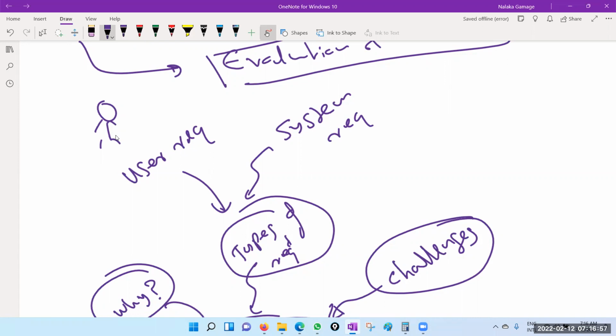So we should be able to add a new order, right? Then the customer will do the payments. We need the payment handling. So there are some situations where the orders are cancelled, right? Sometimes they return the products. So we have to update the inventory. So those are the user requirements.